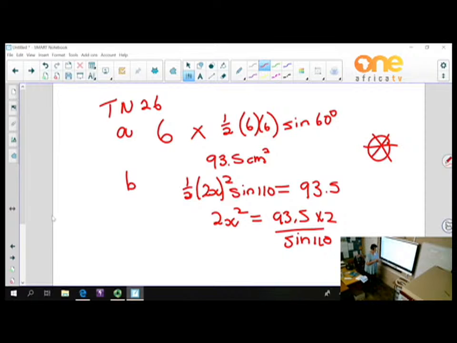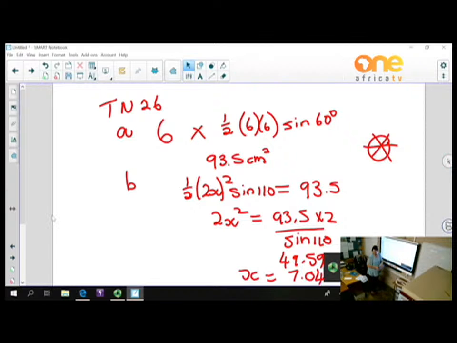So 93.5 divided by sine 110, divided by 2. I got 49.59, and if we root it, it will be 7.04.